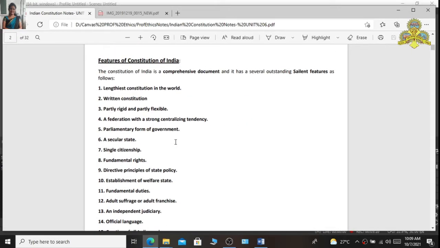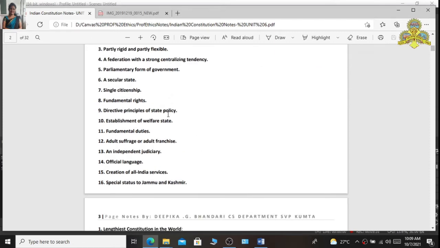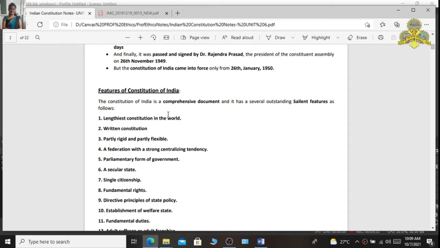Next, we'll see some features of the Constitution of India, the characteristics or features. These are the salient features of the Constitution of India. It is the lengthiest constitution in the world. It is a written constitution. It is partly rigid and partly flexible.